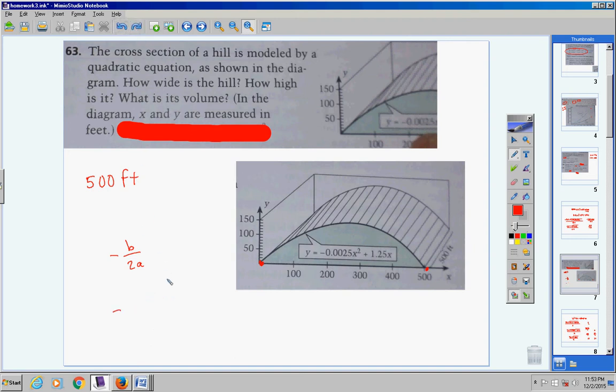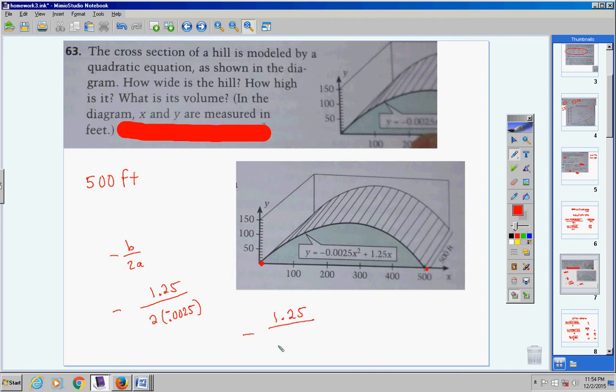Your b would be 1.25, and a would be 2 times negative 0.0025, which gives us a negative 0.005. So this negative sign here comes over. 1.25 stays up top.